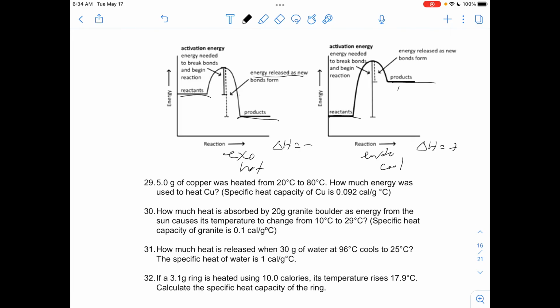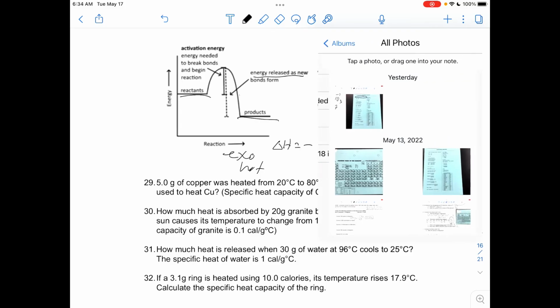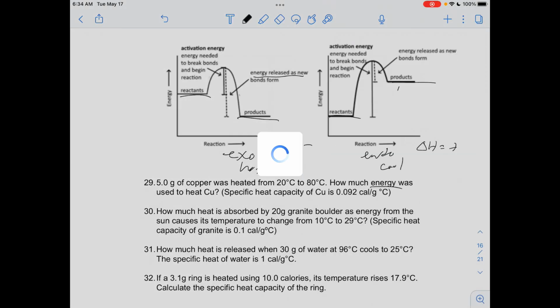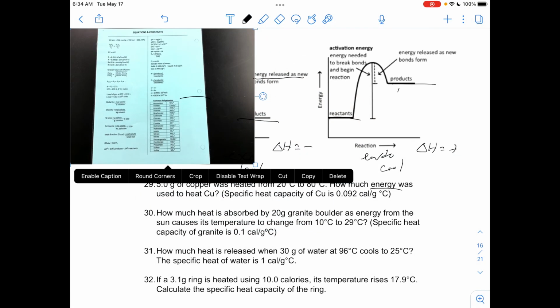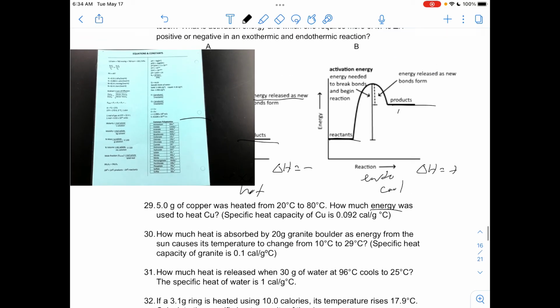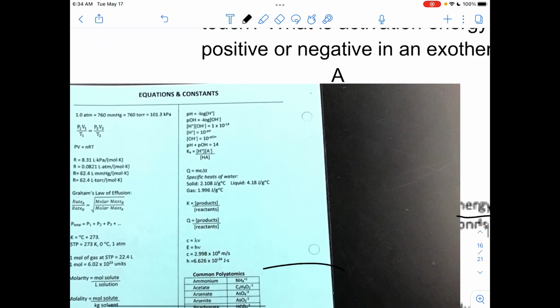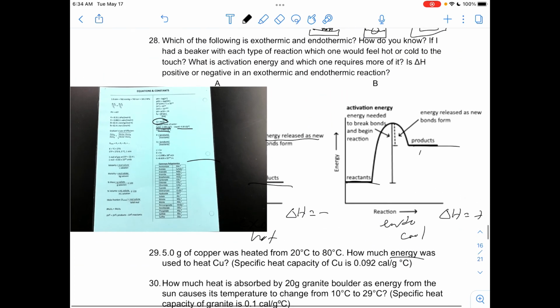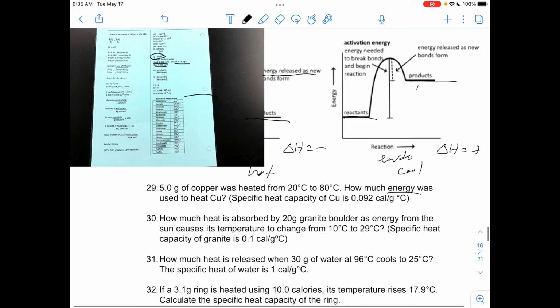Now notice we can calculate the amount of heat energy in a given chemical reaction using this equation, and again, point it out on your equation sheet. Right here, Q equals mcΔT. We also give you some specific heats for water that are always used.